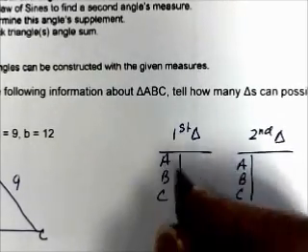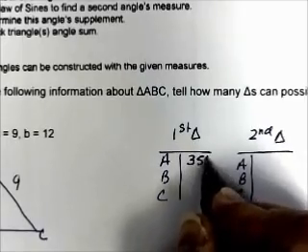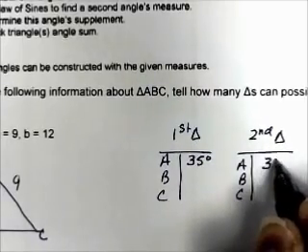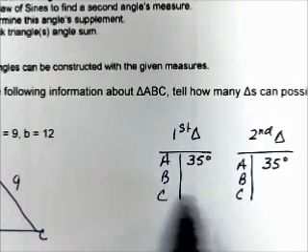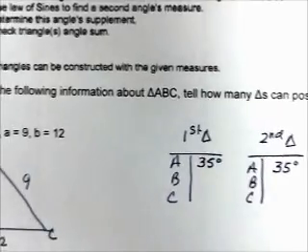Angle A is 35 degrees. That was given to us. That is going to remain for the first and second triangle. Whatever our given angle is, that belongs to both triangles.